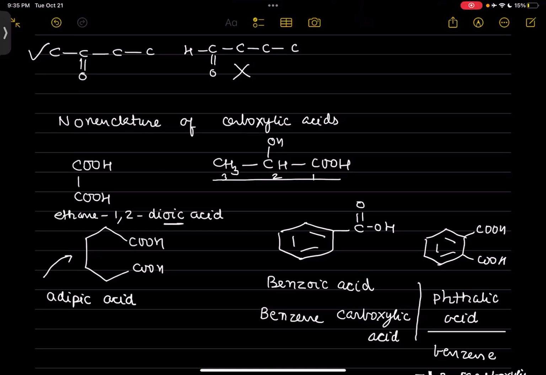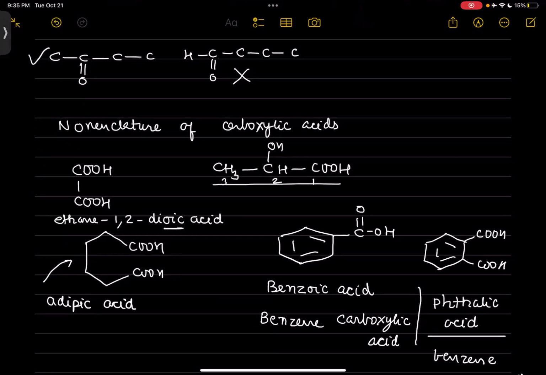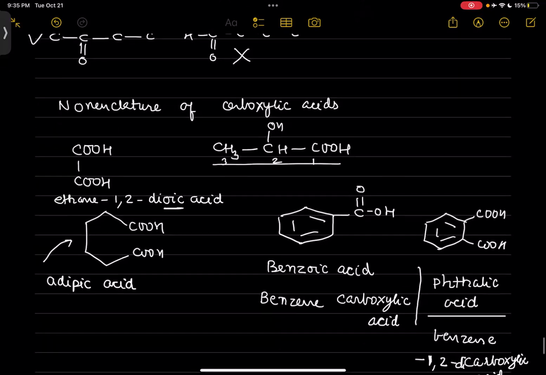Now we need to move on to carboxylic acid. We have the structure of carboxylic acids, and for nomenclature, carboxylic acid is the principal functional group that we know. Oic acid is the suffix.